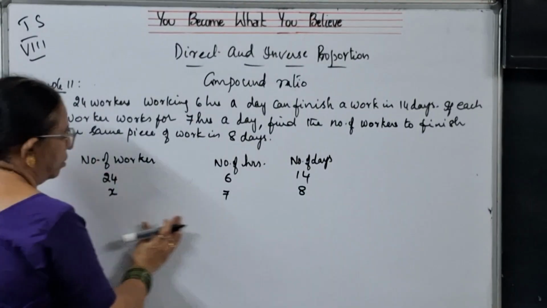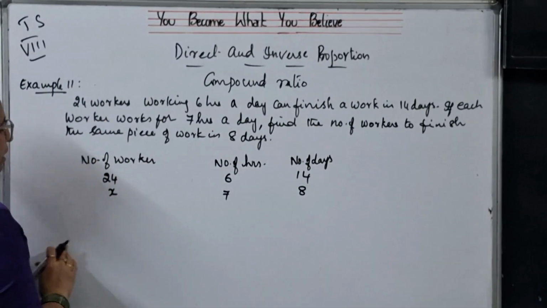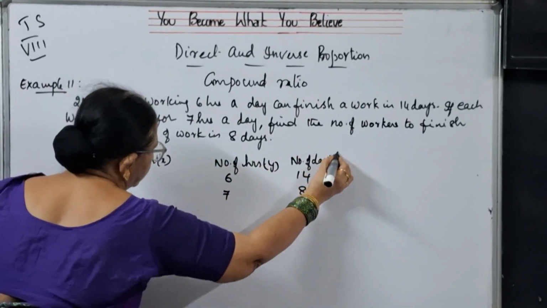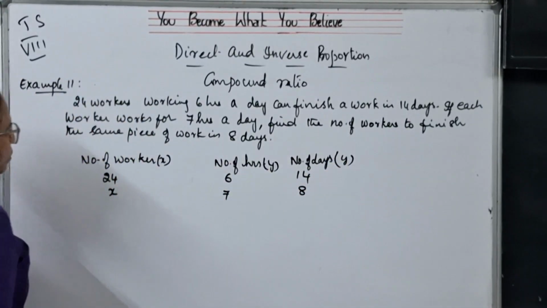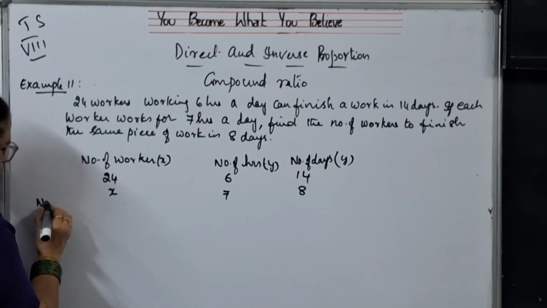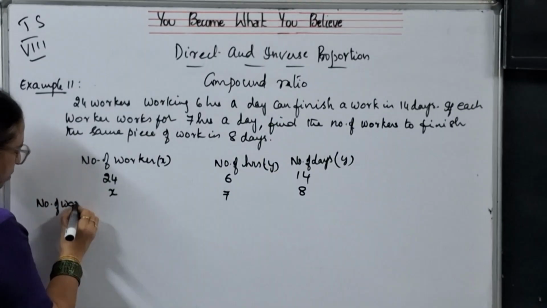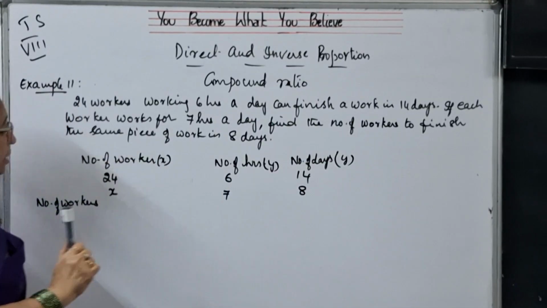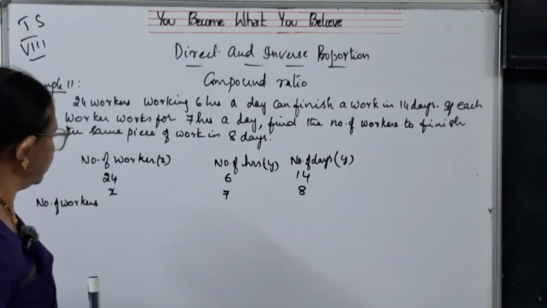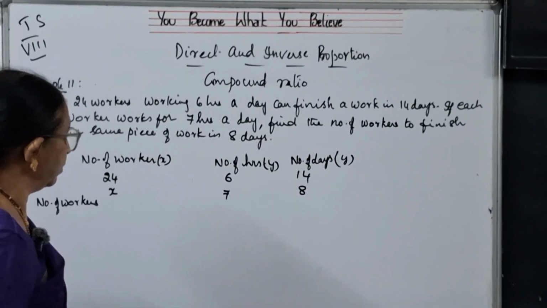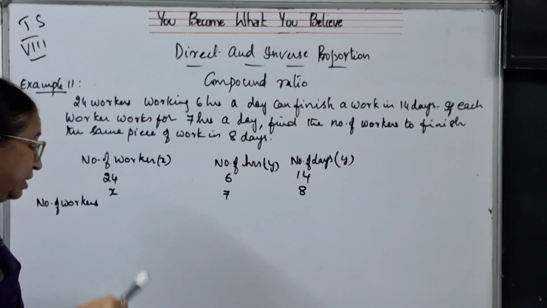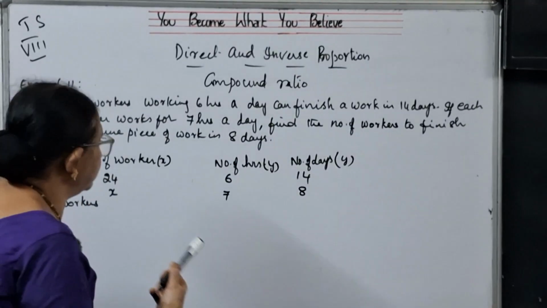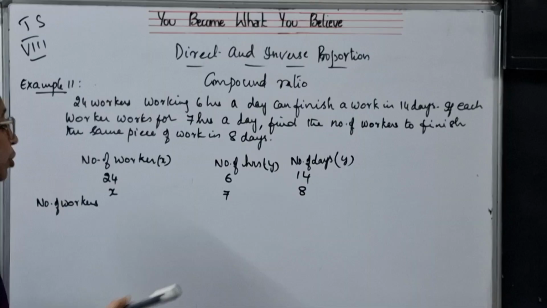See, we have written all this table. After writing this table, we have understood that this is x, this is y, this is also y. Now, let us see. Number of workers, number of hours, how are they related? If the number of workers increases, the number of hours of completing the job will decrease, or if the number of workers decreases, the job needs more time to complete.